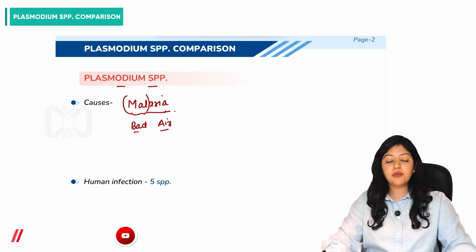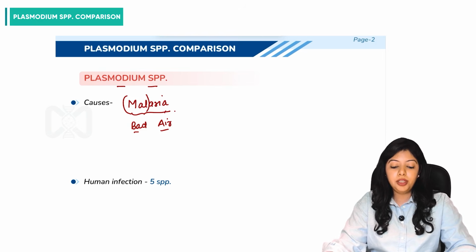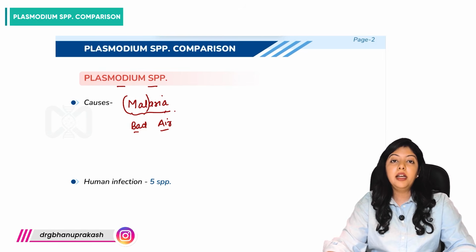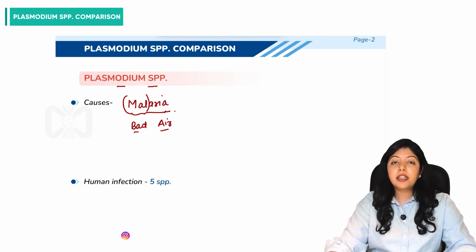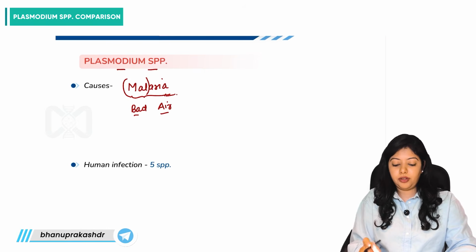Initially it was thought, and the name was derived from the notion, that this disease spread because of air pollution via stagnant and marshy lands. But it was just a misbelief. It doesn't spread by air pollution, right?